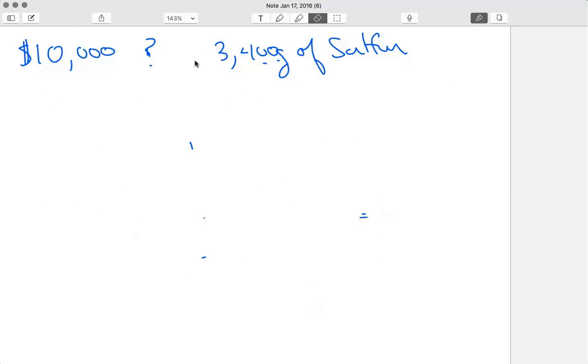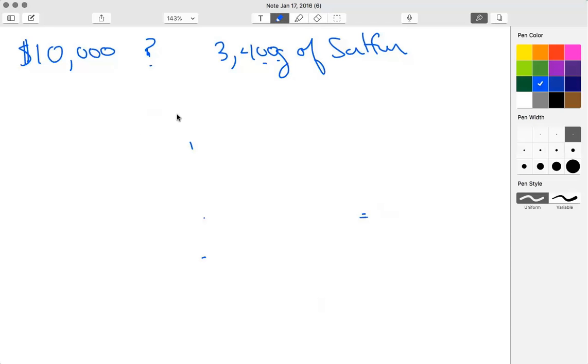How do we report a number like this if we know the number of significant figures? Well, then we use scientific notation to do that. Scientific notation has a number in the front.